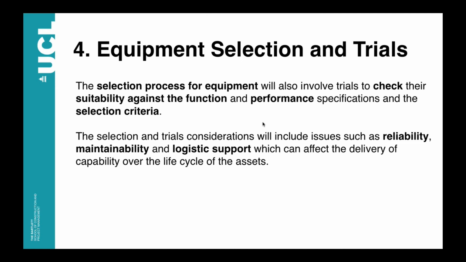The main considerations that we will include in these trials will be the reliability, maintainability, and logistic support that can affect the delivery of the capability over the life cycle of the asset. It's important that we consider the complete life cycle when we are deciding on the equipment selection.